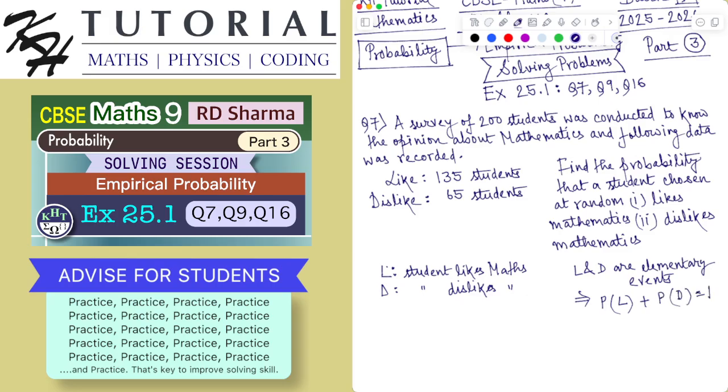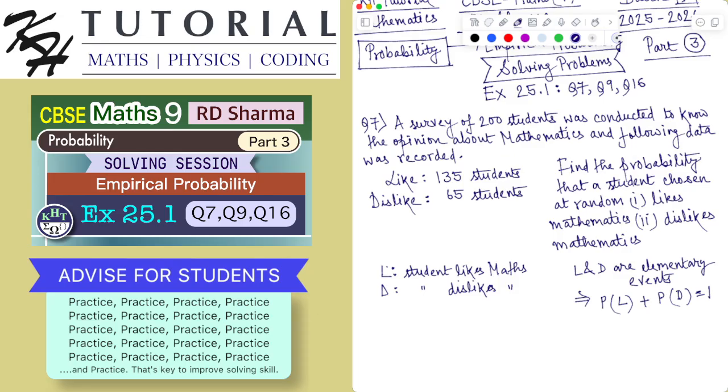While solving these problems, I will of course solve what is asked, but in general I will also try to discuss the concept behind the given problem. Given this data, out of 200 students, you can consider 200 students to be 200 trials.